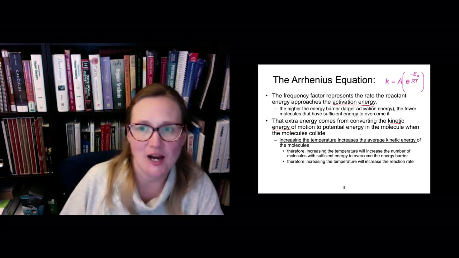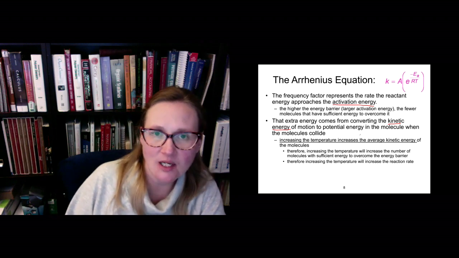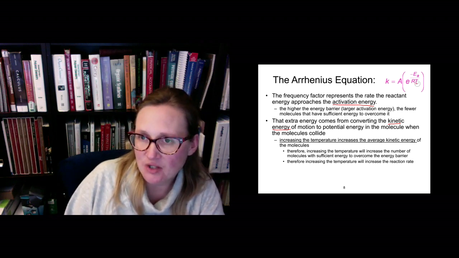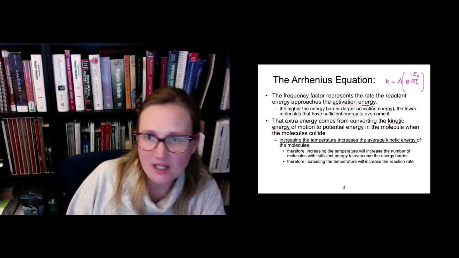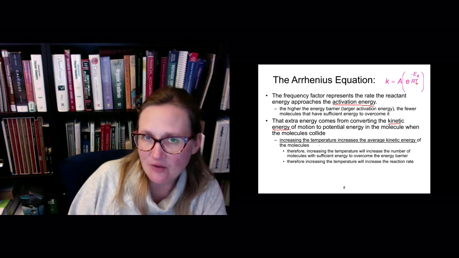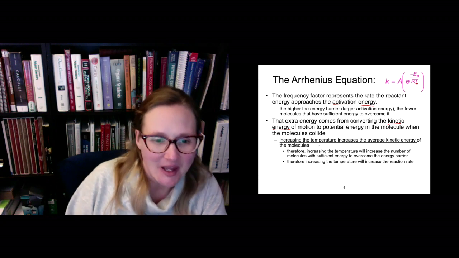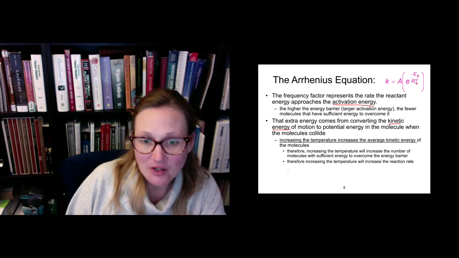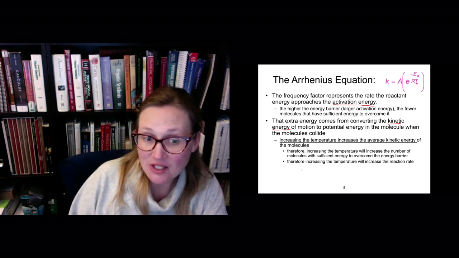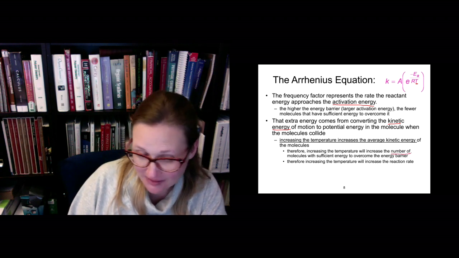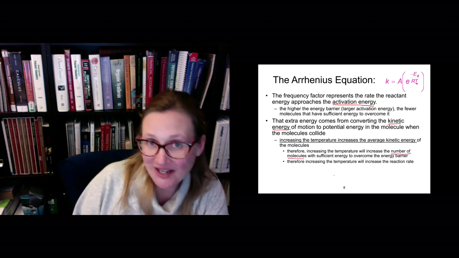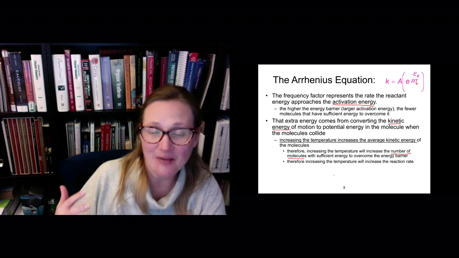All right, so what's the strategy here? We can see from the Arrhenius equation that temperature is involved here. So what we can say then is increasing the temperature increases the average kinetic energy. So we know that, we've seen that before. So therefore, increasing the temperature will increase the number of molecules, all right, with sufficient energy. Okay, so we're raising the temperature.